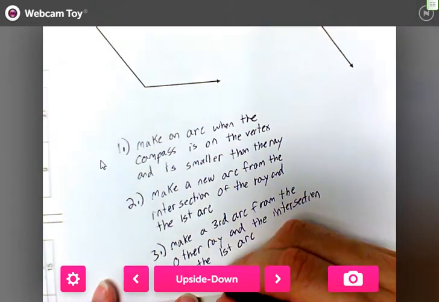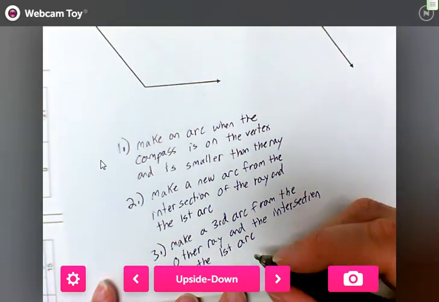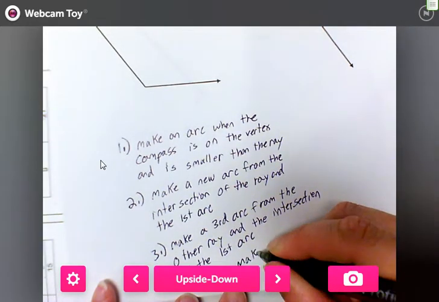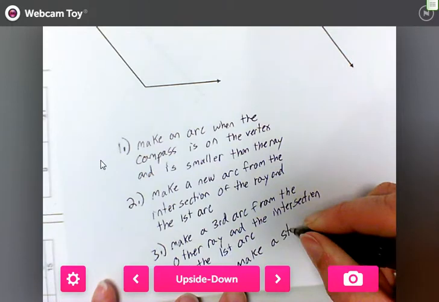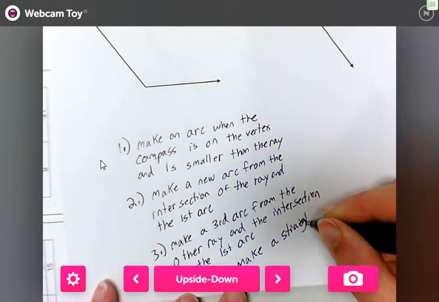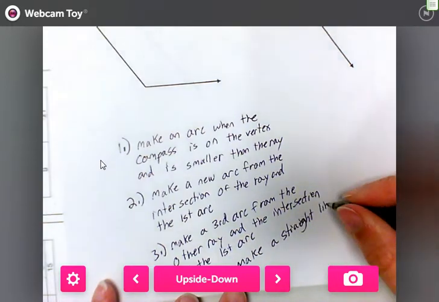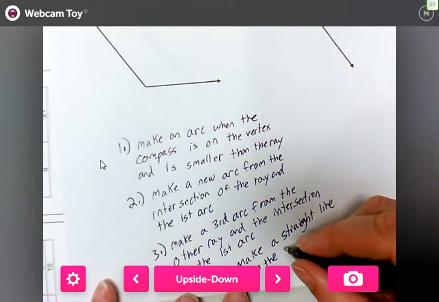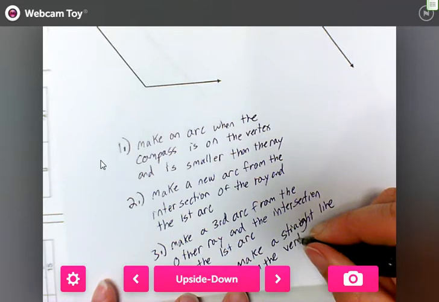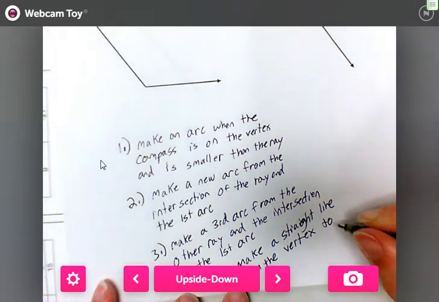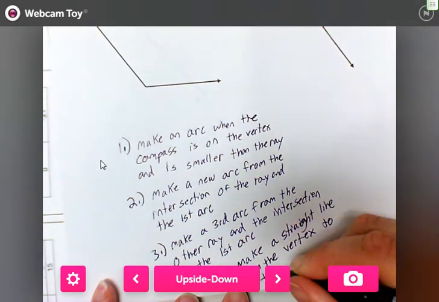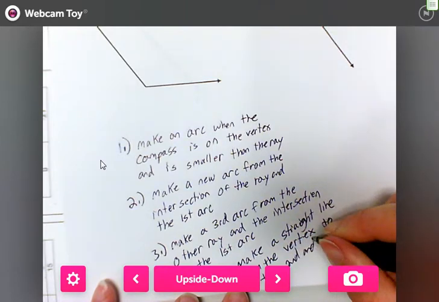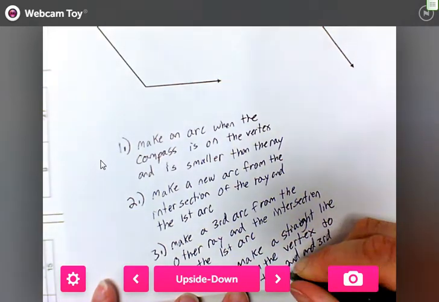Okay. Four, make a straight line from the vertex to the second and third arc intersection.